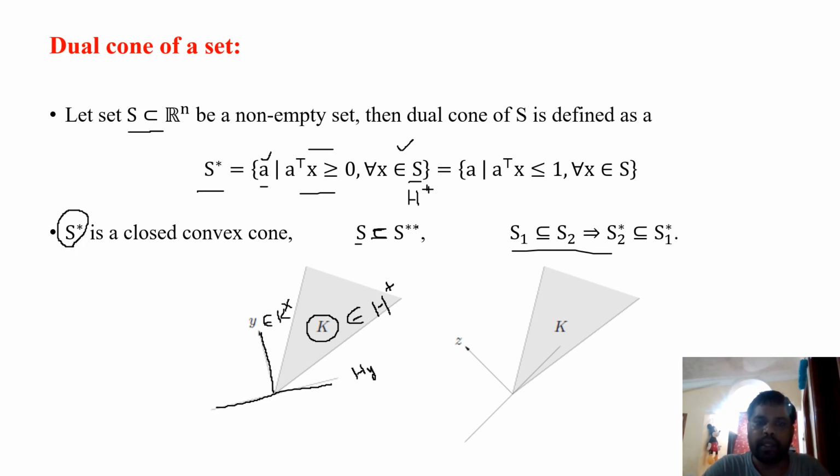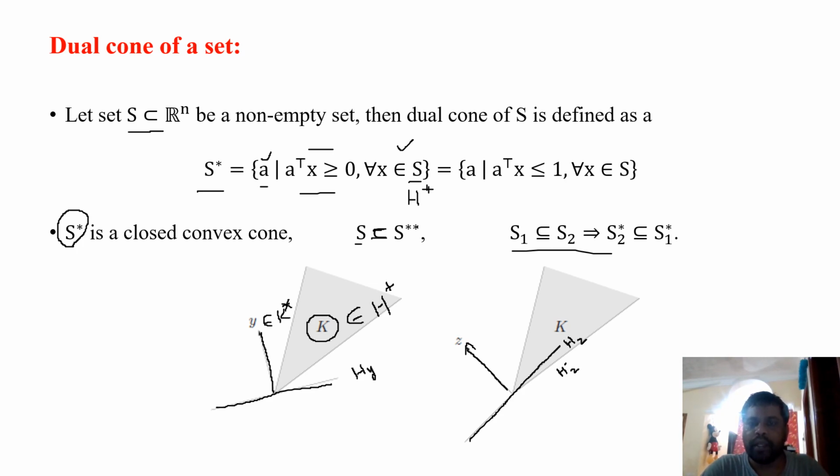But in the next example, in this picture, if you take a point Z as a normal direction and draw a hyperplane, then clearly we can observe that this hyperplane with respect to Z is not separating K. Some elements of K are in the negative half space, and some elements are in the positive half space.